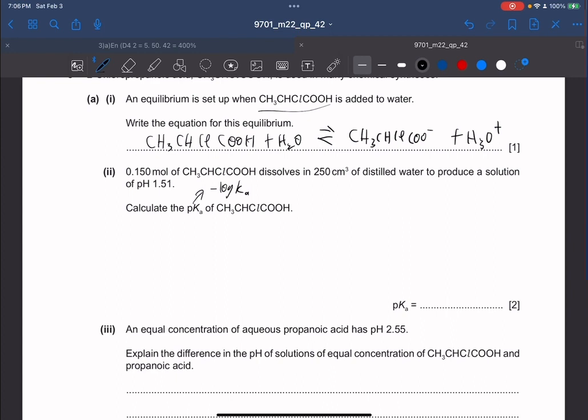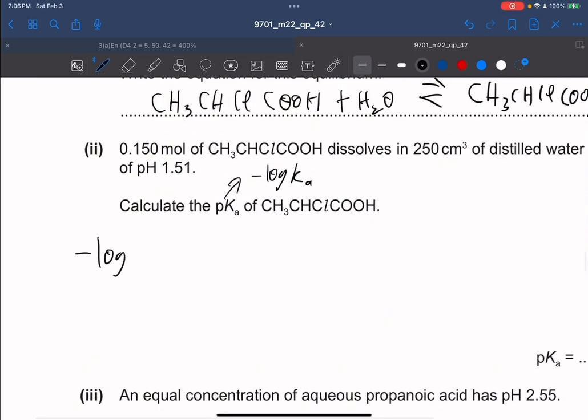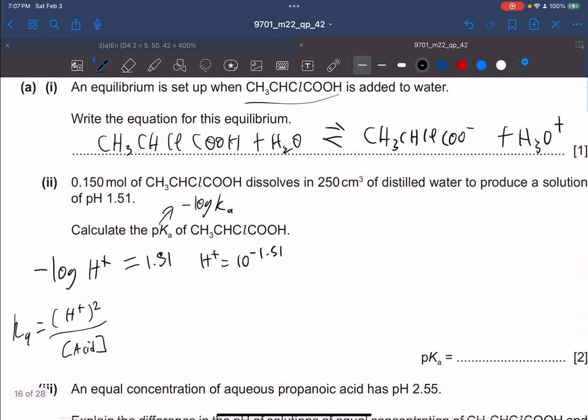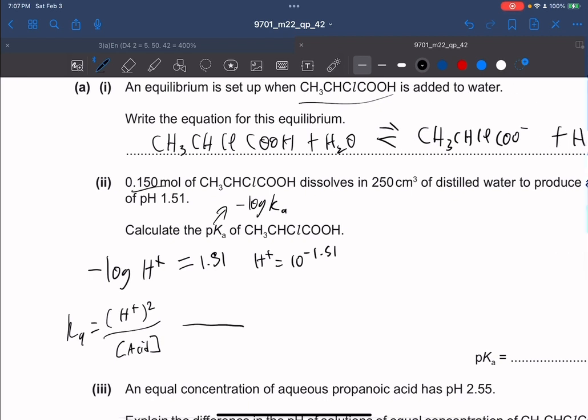So that means we have to figure out the Ka first. pH is minus log H plus, and Ka is going to be H plus squared over the concentration of the acid. Okay, so I would figure out the concentration of H plus first. So H plus is going to be 10 power minus 1.51. And then we have the concentration of the acid right here.